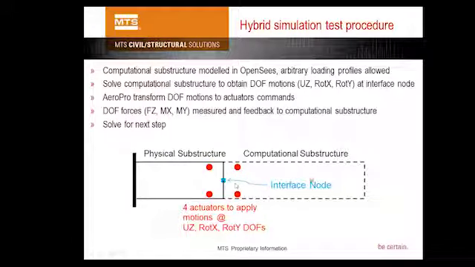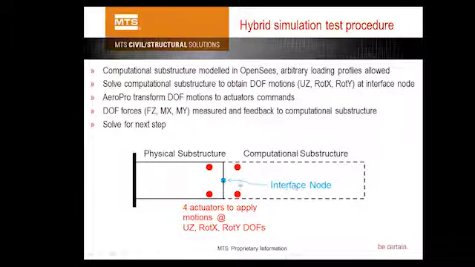Inside the computational substructure in OpenSees, we apply some type of load. Then OpenSees is going to solve to get the response at the interface node. This is the interface node where we join the physical substructure and the computational substructure.